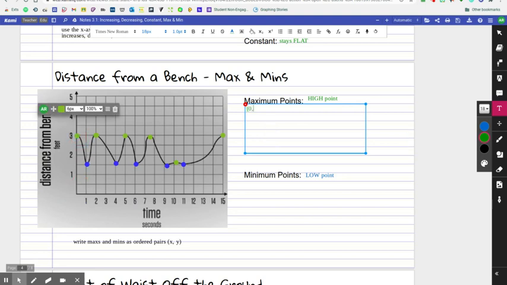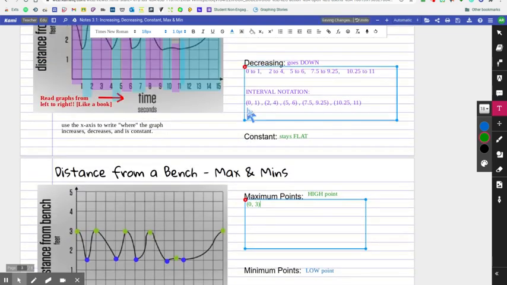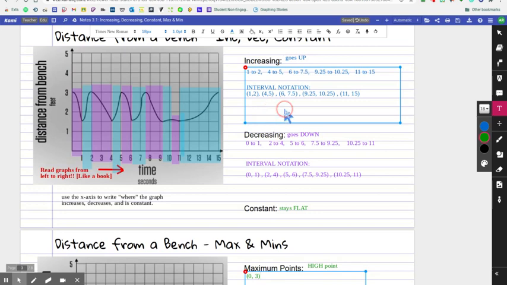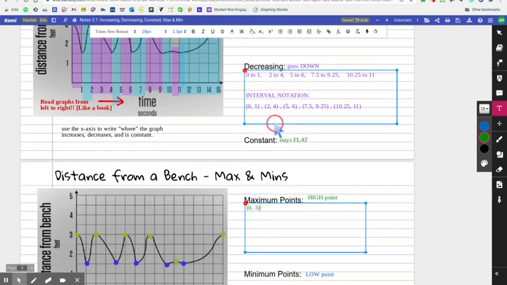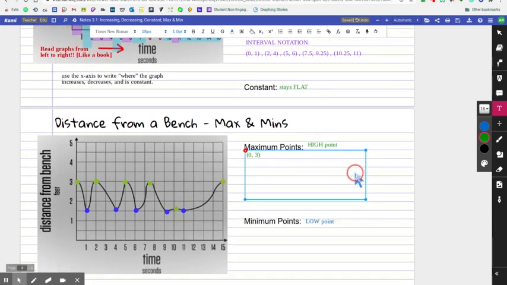So when I write that, it's 0, 3. Please do not confuse writing points with writing increasing and decreasing intervals, please. They look exactly the same, but they'll mean different things depending on what's being asked of you. So be careful. So this is a point, 0, 3.